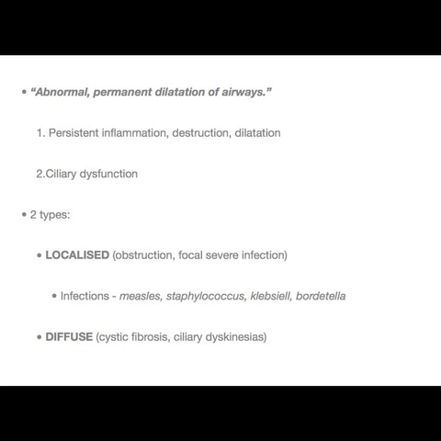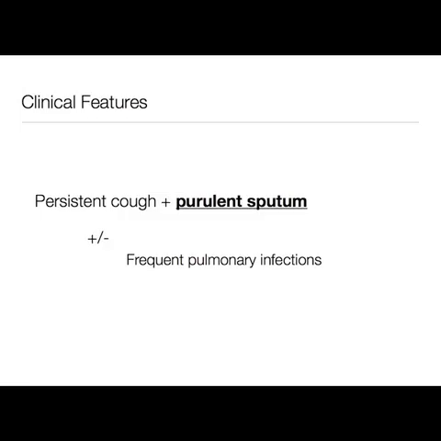Two important examples would be cystic fibrosis and inherited disorders of ciliary clearance, such as Kartagener's. Clinically, there is usually a persistent cough with sputum that is characteristically offensive.